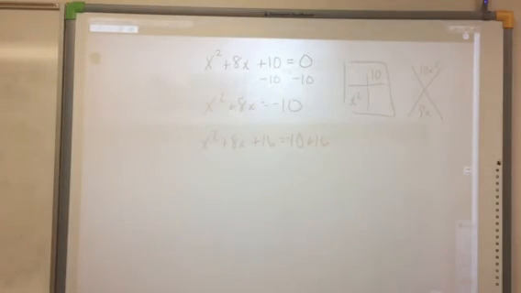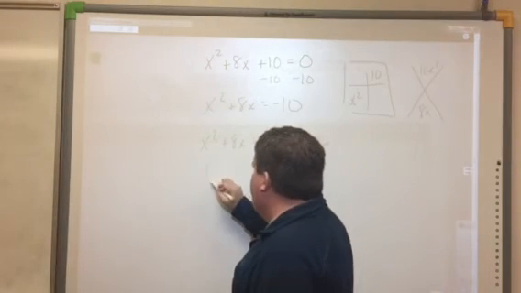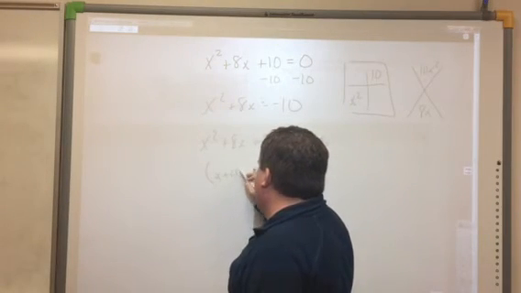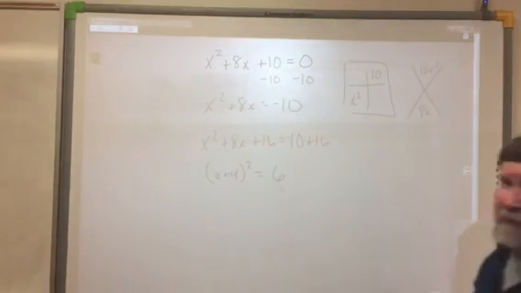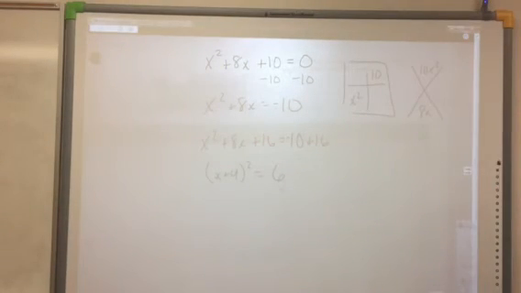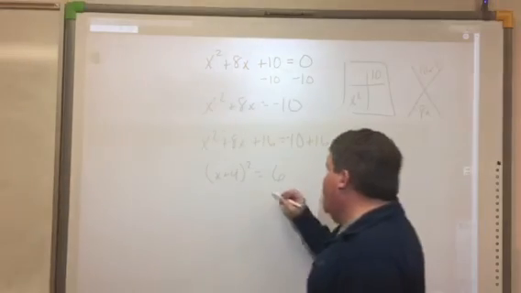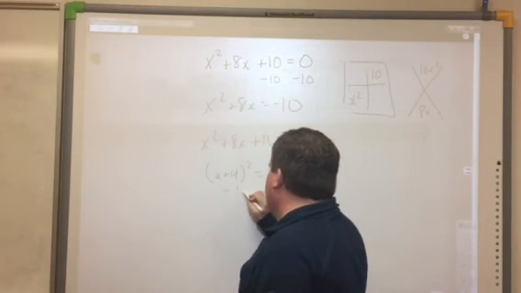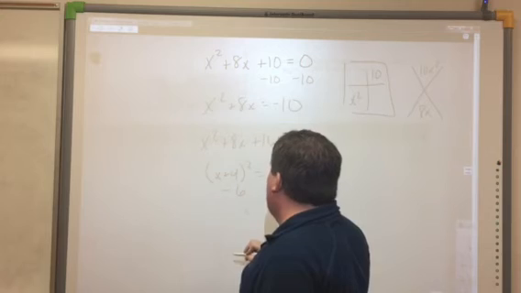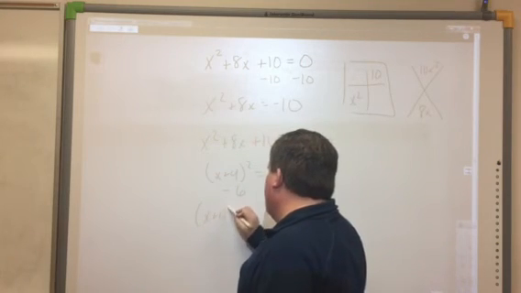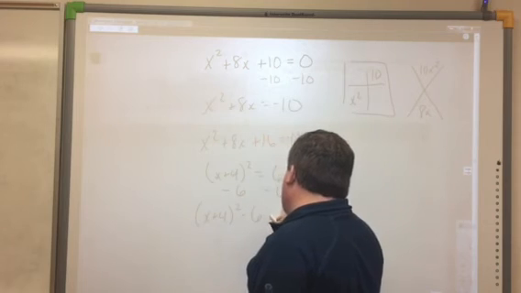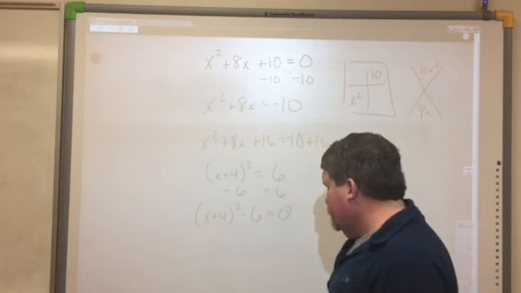When we factor this, it becomes x plus 4 squared equals 6. Then we can put that back into graphing form by subtracting 6 from both sides. So we get x plus 4 squared minus 6 is equal to 0.